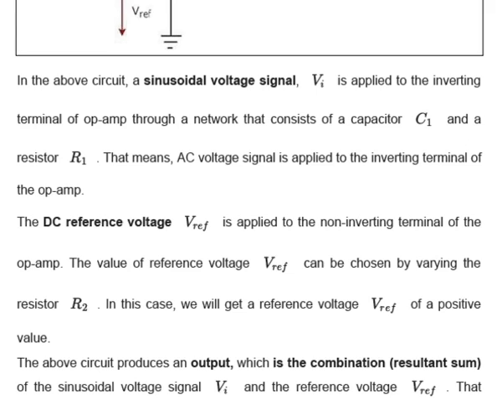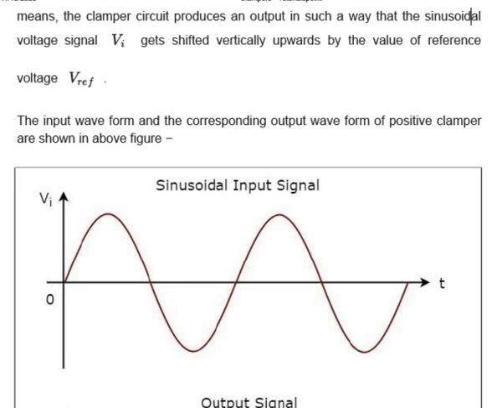The above circuit produces an output which is the resultant sum of the sinusoidal voltage signal Vi and the reference voltage V reference. That means the clamper circuit produces an output in such a way that the sinusoidal voltage Vi gets shifted vertically upward by the value of the reference voltage.